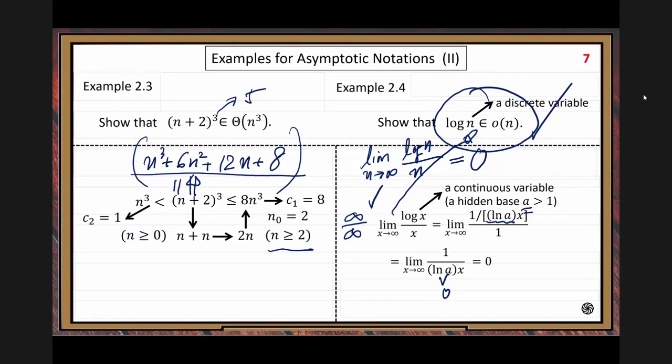Natural log of n, any log, log base 2, log base 10, natural log, any log. But the base must be greater than 1. If less than 1, it's negative, and our growth functions cannot be negative. That's the reason we do not allow log base less than 1.